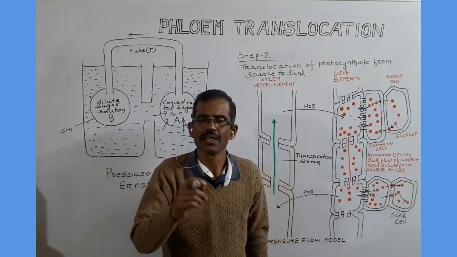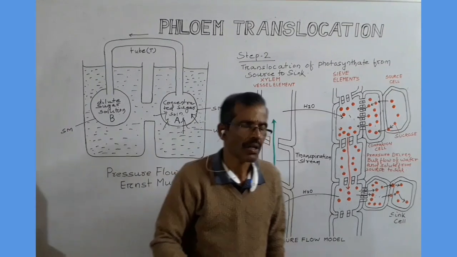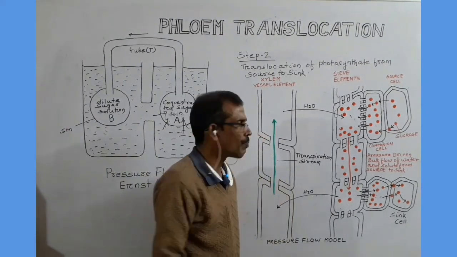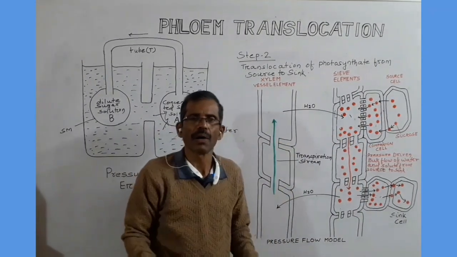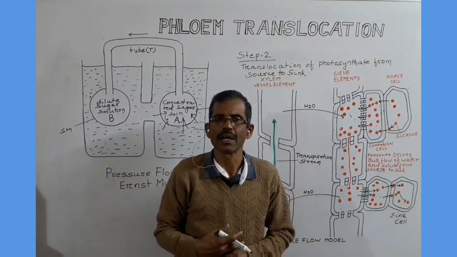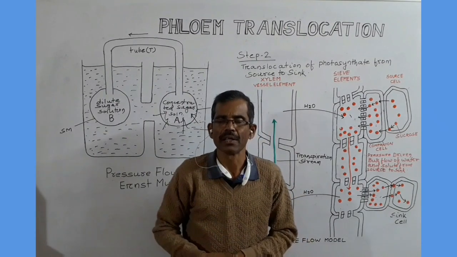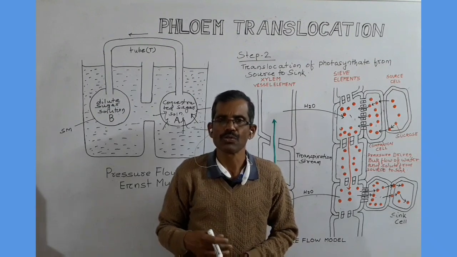This osmotically generated pressure gradient is the driving force for the pressure flow of phloem sap through the sieve tube. This is all about pressure flow hypothesis. It is the widely accepted hypothesis explaining the translocation of photosynthate from source to the sink.